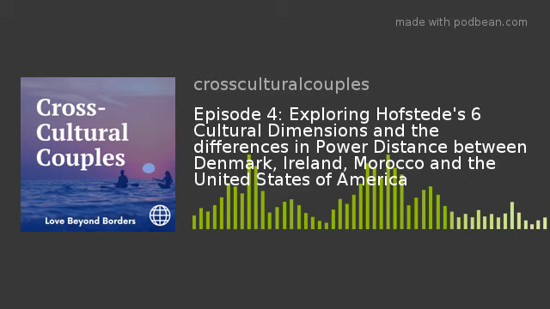For Denmark, they scored an 18. So they're very low on this. They were the lowest one. I think that's really interesting when you think about Denmark, what the culture is, what their political structures are, how they do business, things like that.